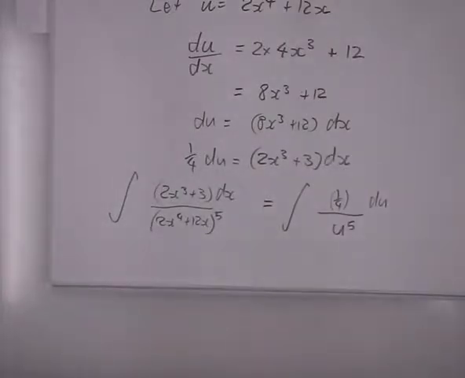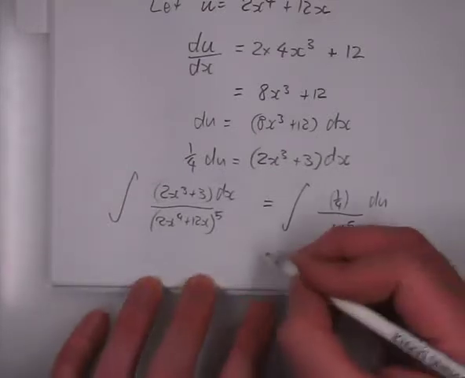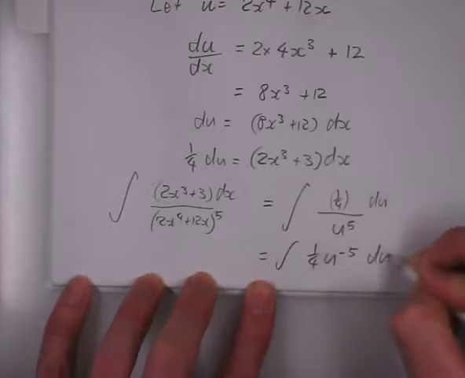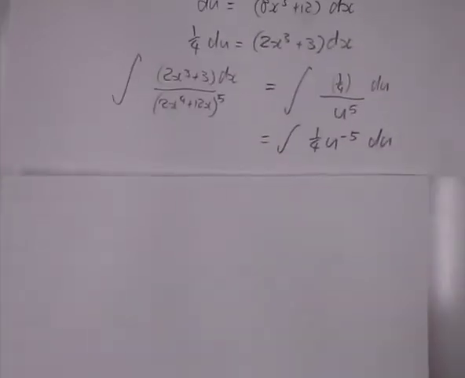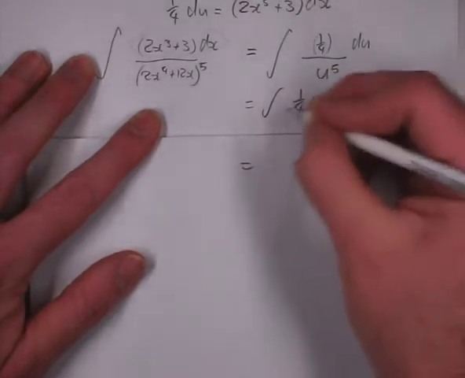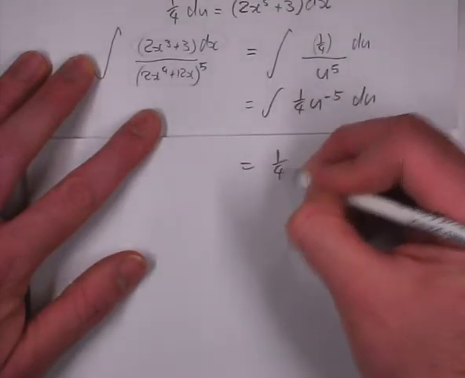So I need to go back to my other techniques and say, how can I do that? Well, if I rewrote it as u to the minus 5, I would know what to do. So now the quarter is a number being multiplied, so it will stay there.